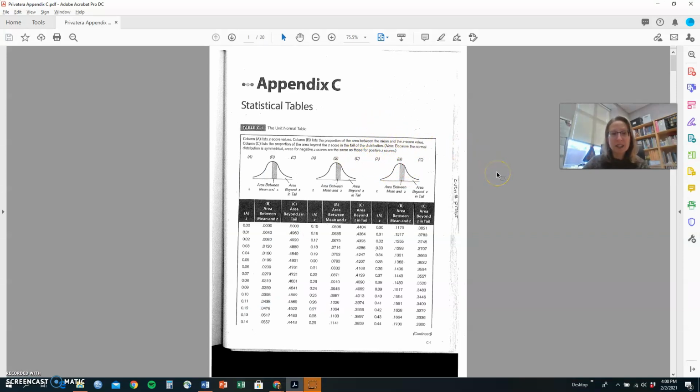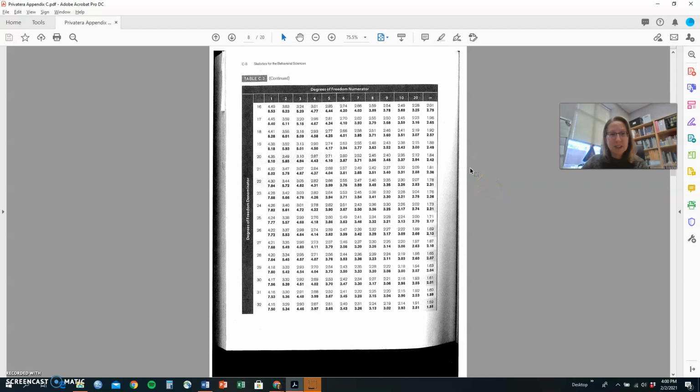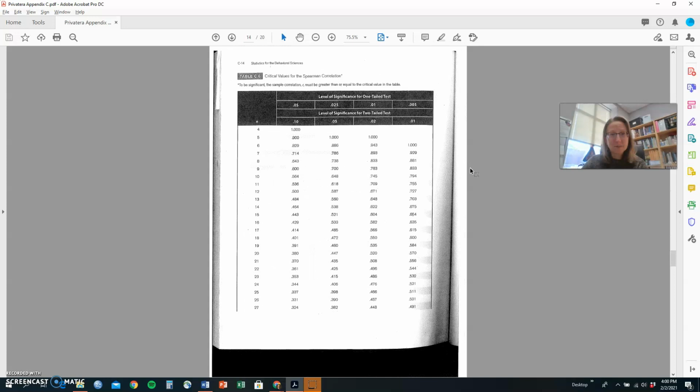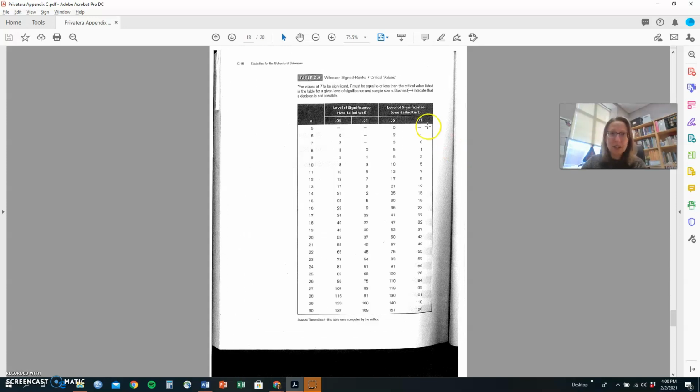Now, your Privateera textbook has these in the back in Appendix C, or if you have a different stats book, I'm sure they're in the back of that too, or you can always Google t-distribution table, and you'll find ones online as well. Because we're doing a t-test in this example, I've got to go down through my appendix and find the table that's specifically for t-values.